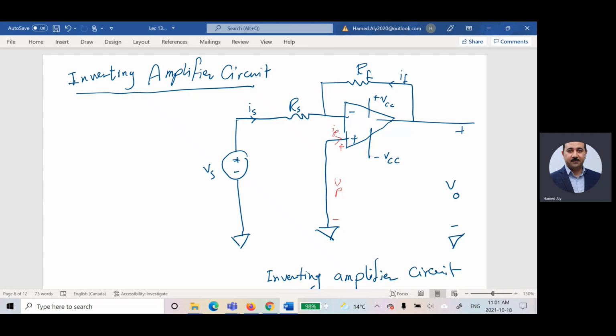Here in our problem, VP is equal to 0. Based on that, VN is equal to 0. In the previous problem, VP was equal to VB. That's why I told you VN is equal to VB. Now, let us define IN. Where is IN? This guy is IN.